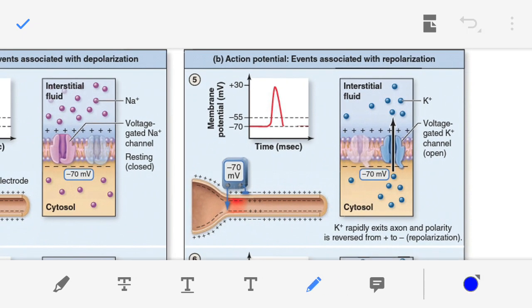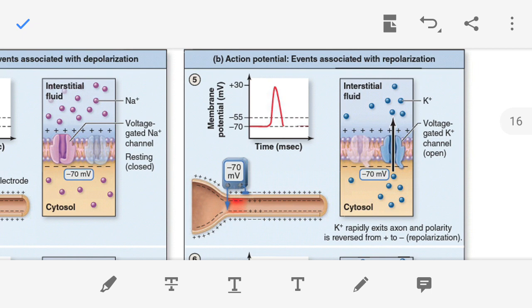Now in the repolarization process, what happened? In repolarization, see, this is the voltage-gated K plus channel, and these channels are open now. So K plus from the cytosol is moving outside into the interstitial fluid.